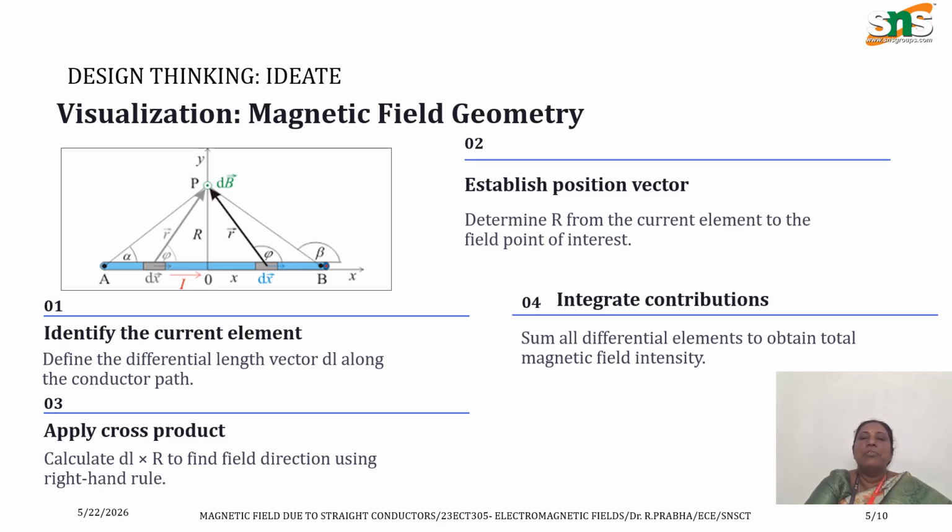Third, we have to apply the cross product of dl cross r, that is, the position vector multiplied by the current element. Finally, we have to integrate all the contributions to get the total magnetic field intensity. This is the method to calculate the magnetic field intensity for a current carrying conductor. This is the ideate stage of design thinking.